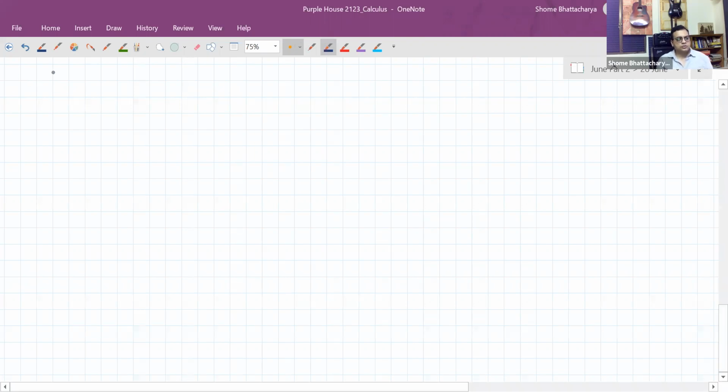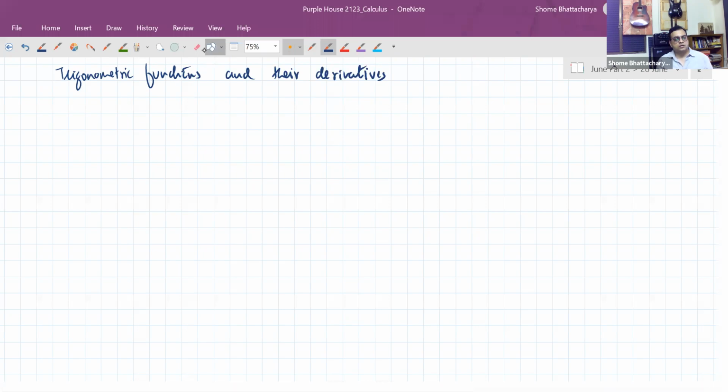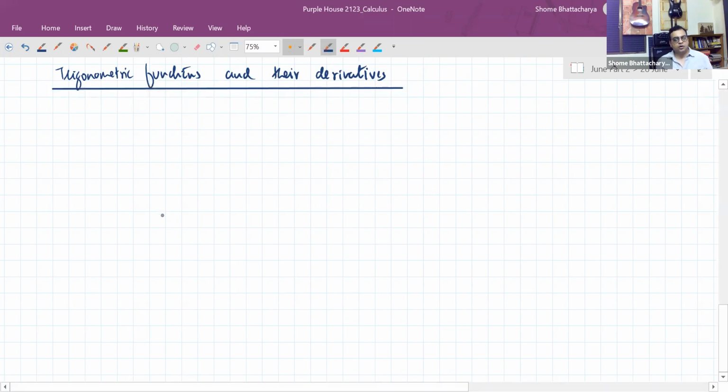Okay. So trigonometric functions and their derivatives. Last time when we were discussing sine and cos, we had just seen the values of x between 0 and 90 degrees. Now we will see in all four quadrants.